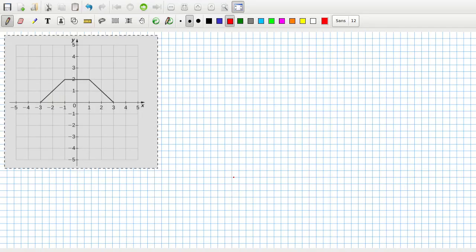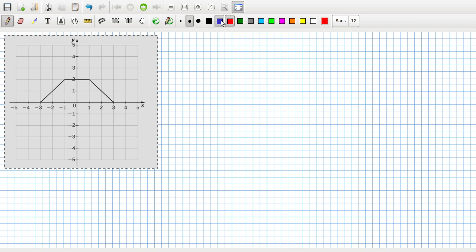So some more transformations. Actually, since the graph is given, it'd be good to copy it. Now, we're told for the following exercise, use that graph to transform each of the following.